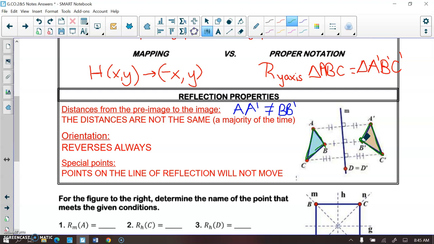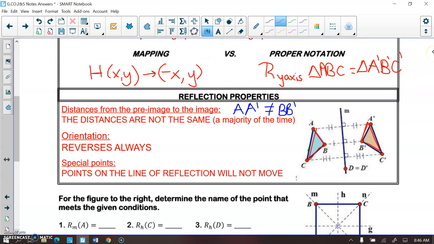So I don't go B, C, A on my image, it's backwards. So that's what I mean by orientation. The orientation reverses in reflections, and that is due to the fact that we took this triangle, ABC, and we flipped it.